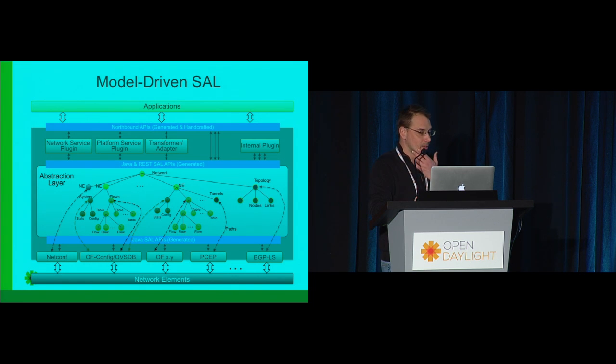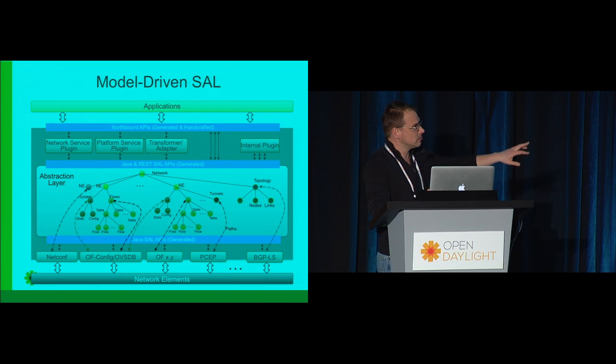So a little bit more about MD-SAL. I'll go through it in a little bit of detail here. The way that things look internally, I've exploded the abstraction layer in the middle. If you go through the source code of the controller, you'll find there's a directory that has all these Yang models in it.